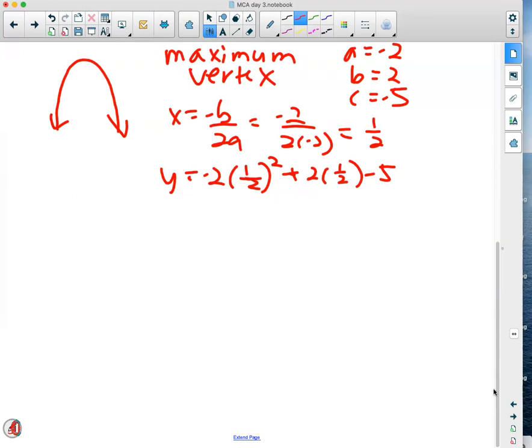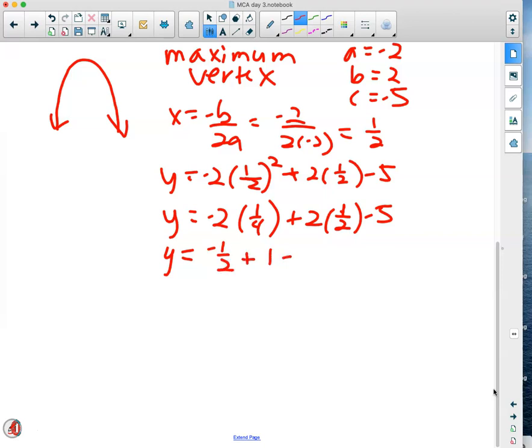You can punch this in. But following the order of operations, 1/2 times 1/2 would be 1/4. And then negative 2 times 1/4 will be negative 2/4, which is a negative 1/2, plus 1 minus 5.